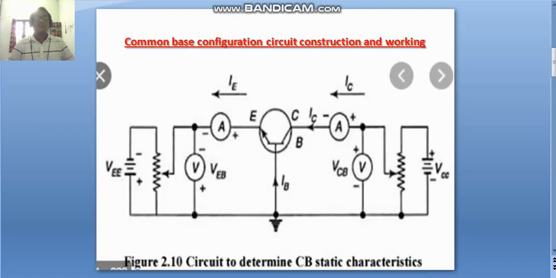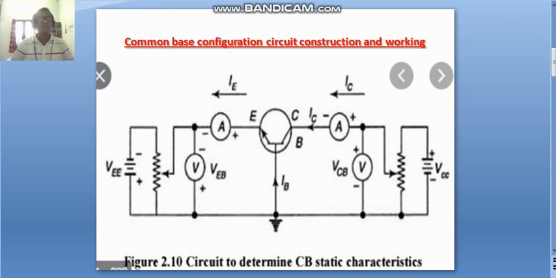Today, we are discussing common base and common emitter configurations, circuit construction, and working of those common base and common emitter configuration circuits. As already discussed in the previous videos, every transistor has three common configurations.